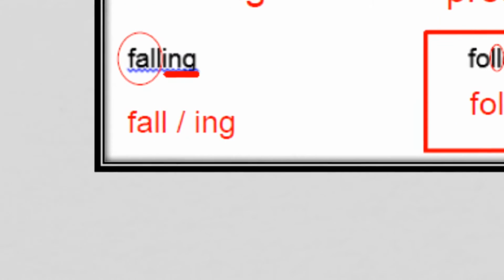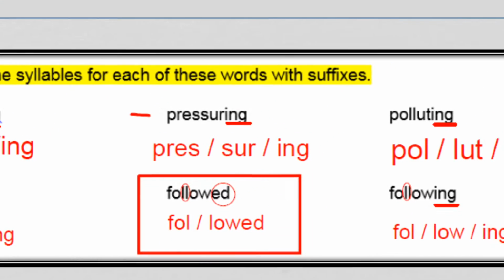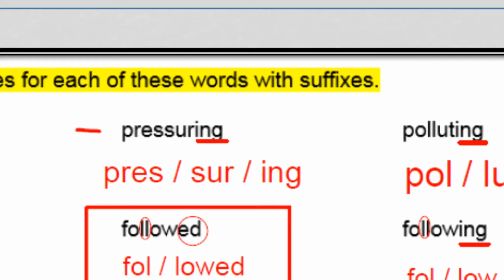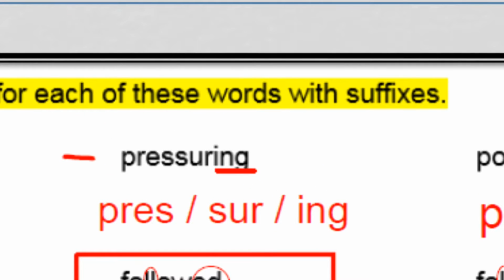Falling is an even better example. You can see the root word fall with the ing at the end. We have falling. So the root word makes up one syllable and the ing makes up another syllable. Well, let's look at one that's a little different. Let's look at pressuring. You can see that the ing, the reason why I underlined it, is because it makes its own syllable, just ing.